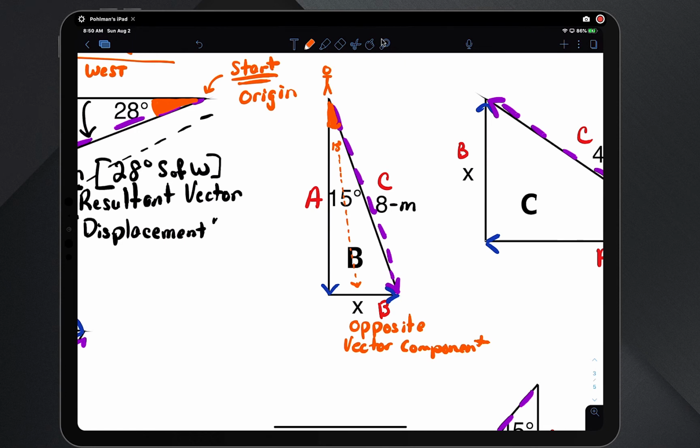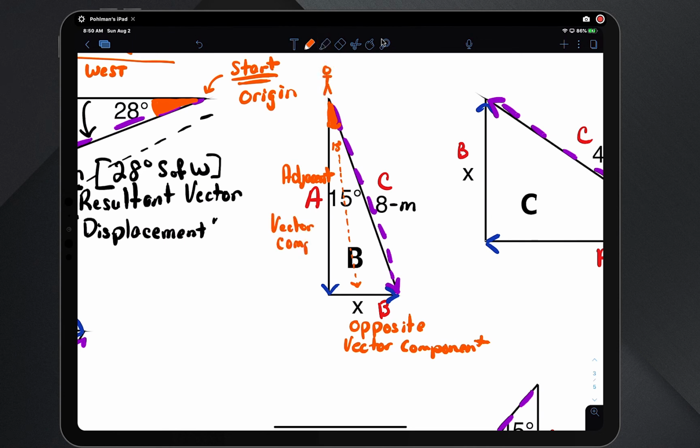The second side that we're going to label is the adjacent side. Adjacent means that we're right next door to it. So which of these would we consider to be the adjacent side? Well, that's going to be side A. This is the adjacent side right here, and again, that adjacent side is a vector component.